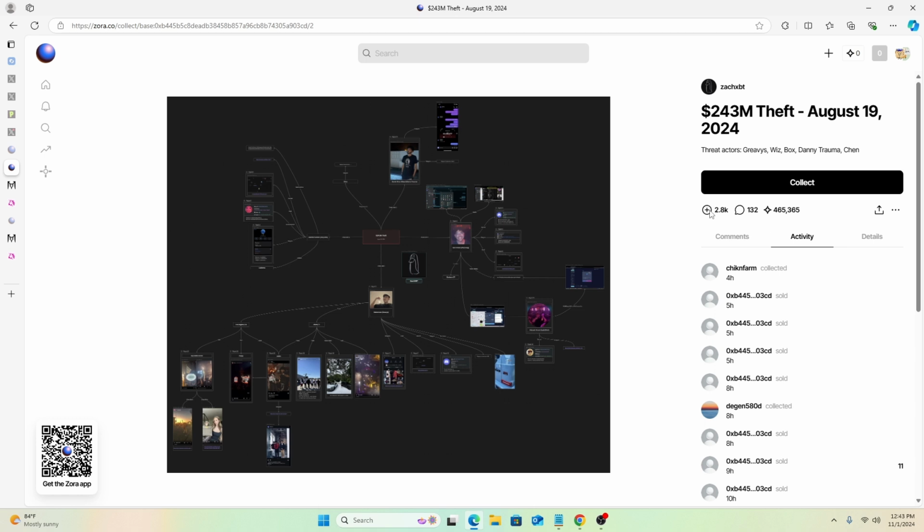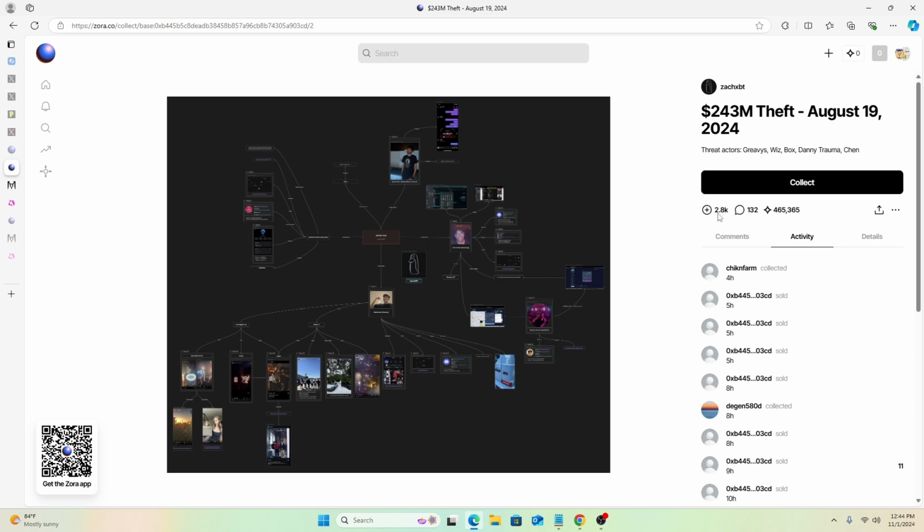Basically, here you will see that there were 2,800 mints before the window of the NFT sale ended. Now, that's a very minimalistic supply. We'll break down as we head on how that plays into the initial liquidity, initial market cap, and stuff like that.